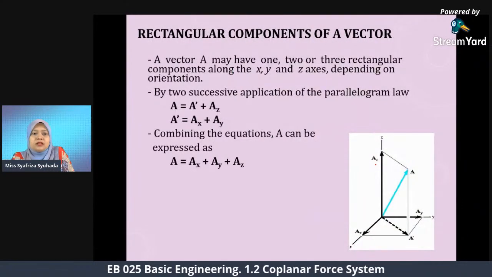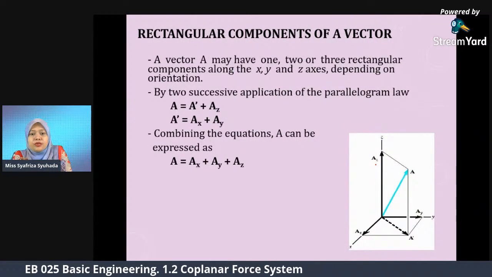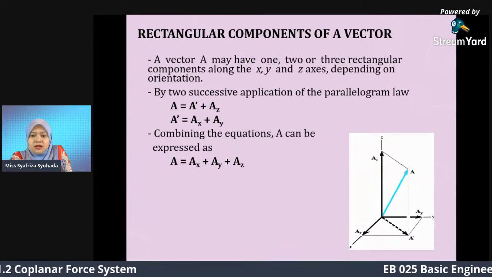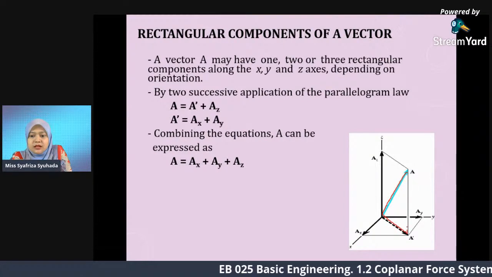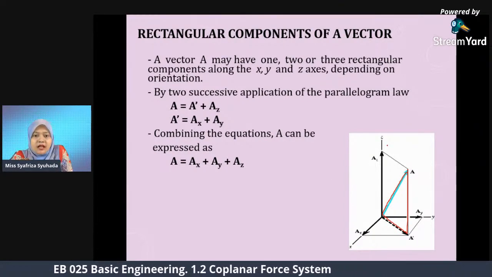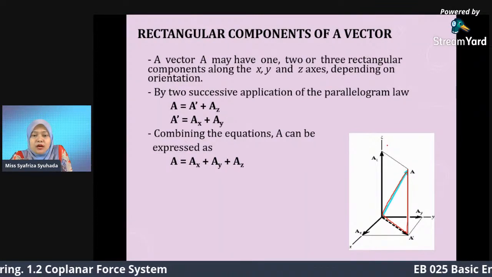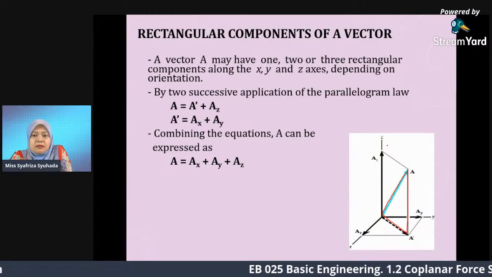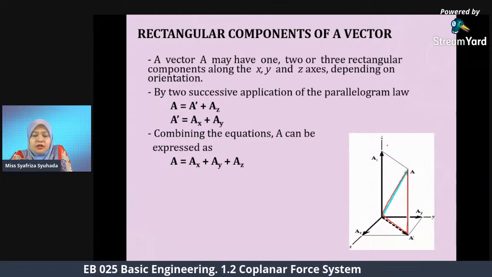By using rectangular components of a vector. Rectangular means, this one is rectangular, in the form of a triangle. A vector A may have 2 or 3 rectangular components along the X, Y and Z axes depending on the orientation, by two successive applications of the parallelogram law.